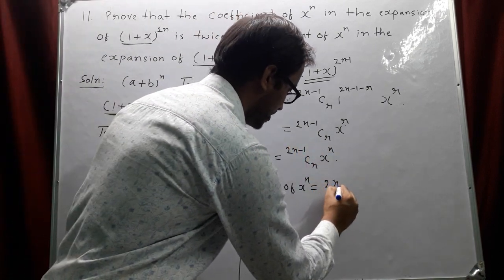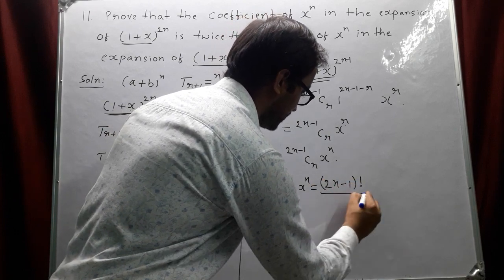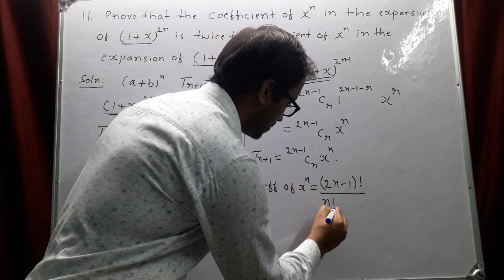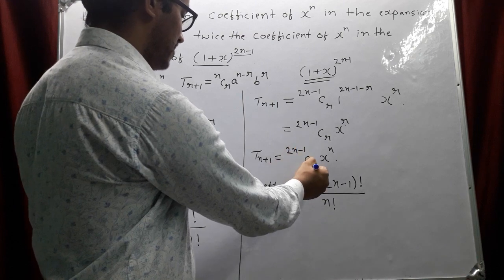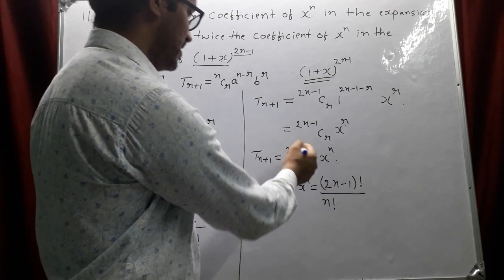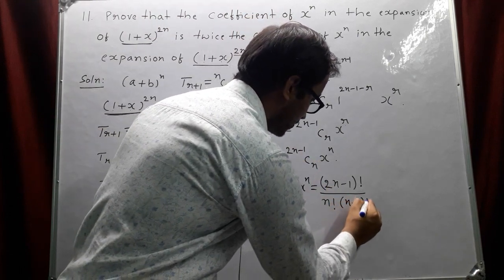After simplifying, we can write it as (2n-1)! by n! into (2n-1-n)!. So 2n minus n becomes n, so we get (n-1)!.